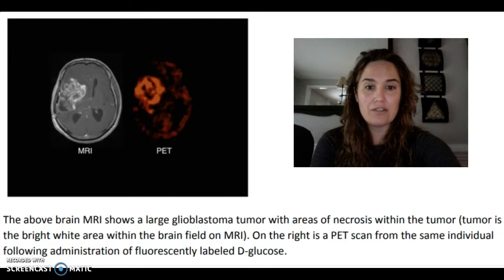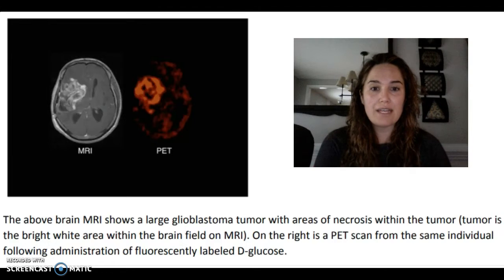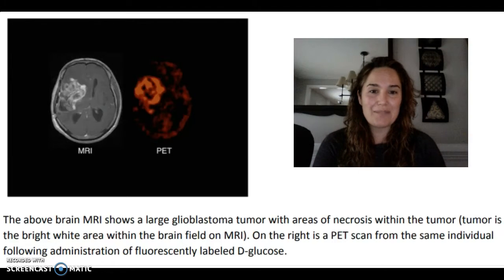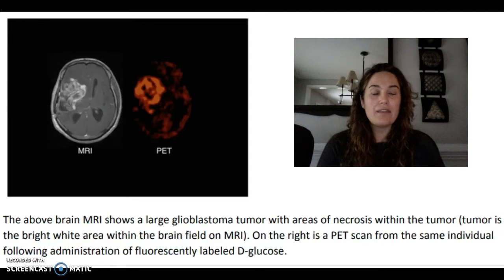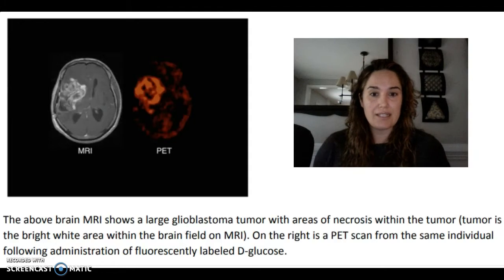Moving on to the skeletal muscle, the mechanism for glucose uptake is via GLUT4, and that is insulin sensitive. Within the brain, the mechanism is via GLUT1 and GLUT3, which are both insulin independent. And finally, within the adipose tissue, the mechanism is also GLUT4, so this is also insulin sensitive, the same as with the skeletal muscle.